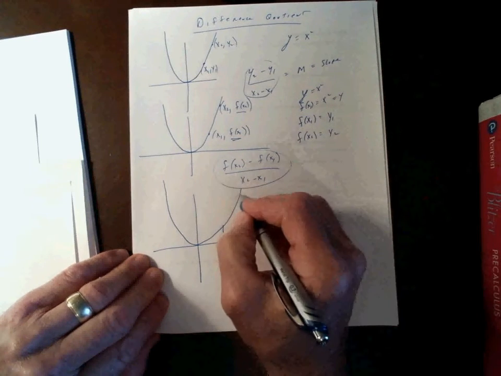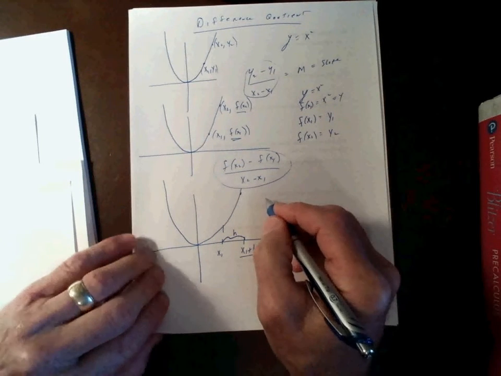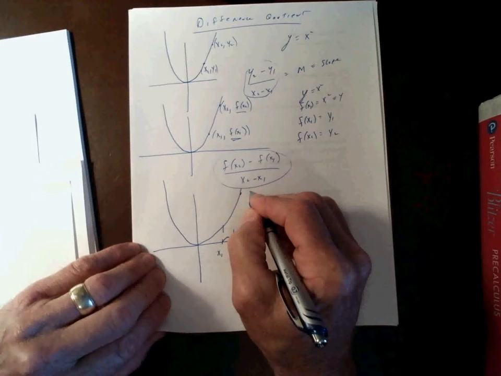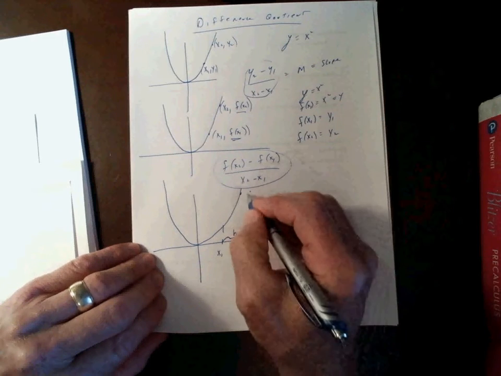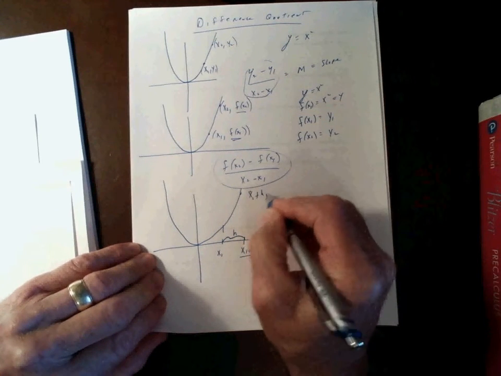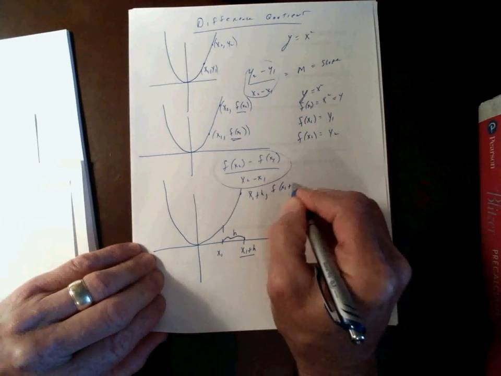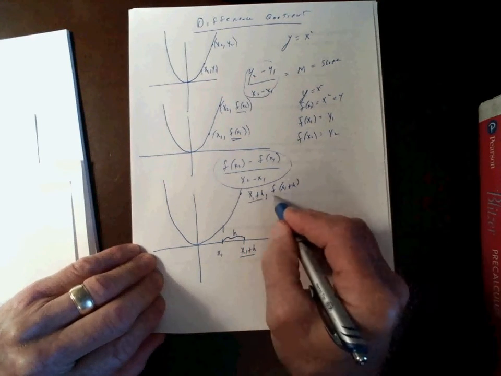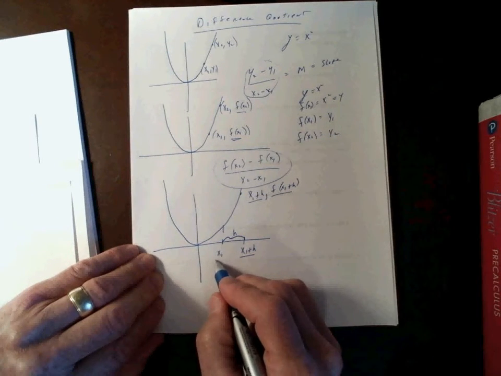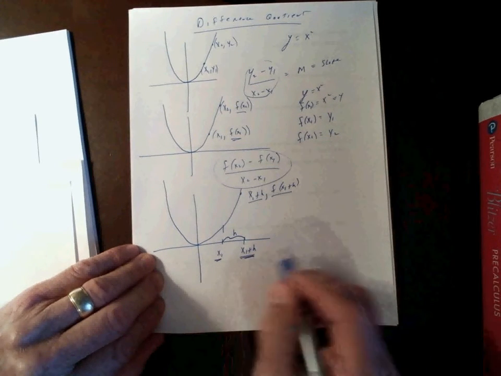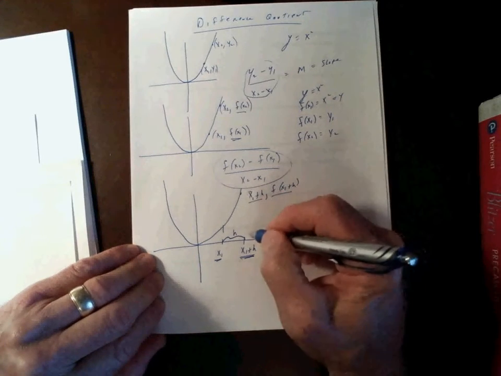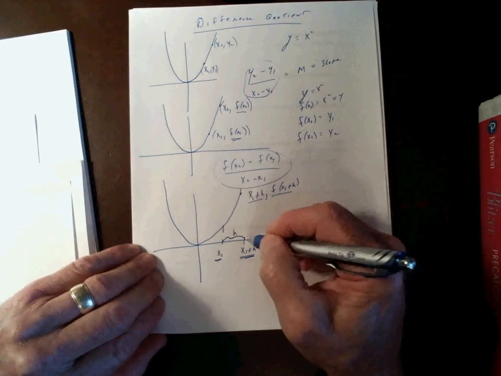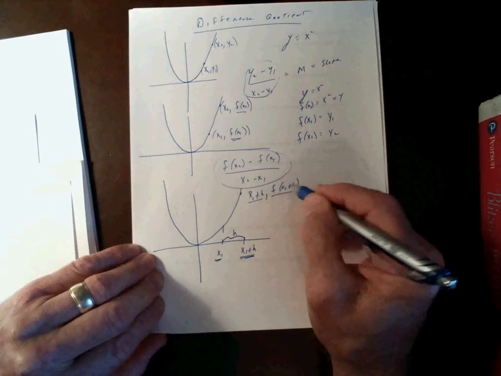So up in here, this could be described as x1 plus h comma f at x1 plus h. Wouldn't that be the same thing? This is the x value, this would be the y value. This is the first x value, this is the second x value. So I just moved over h units, and therefore the point would be x1 plus h comma f at x1 plus h.